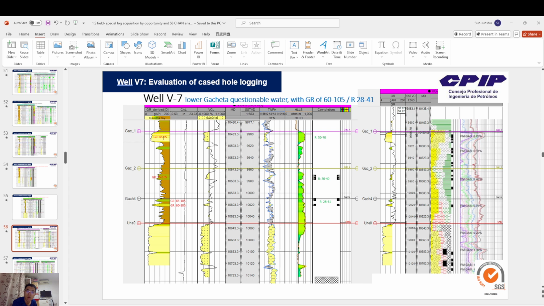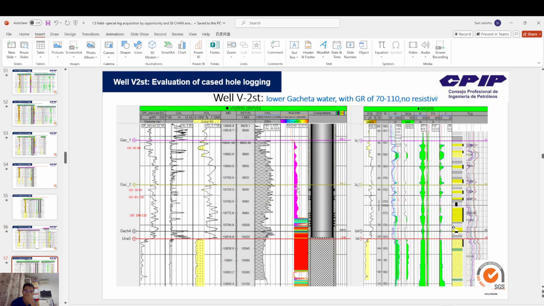So this is the lower Gauge with questionable water. We can see the cutoff for net pay may be 85 gamma ray and resistivity 30. We have two sidetrack.